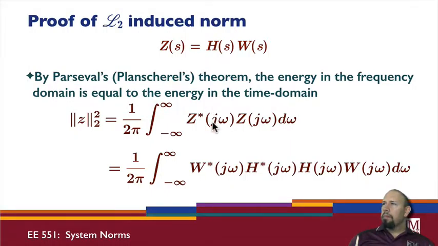But z is given by this expression, and so I plug this in here and I get this. So this is the expression I have. So this is equal by Parseval's theorem. So I have this quantity.